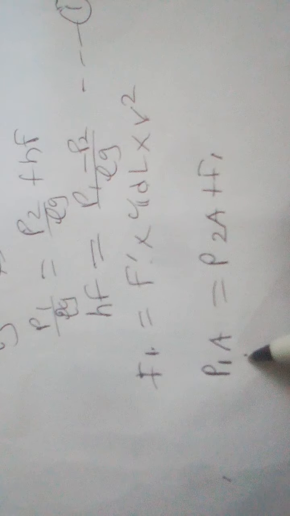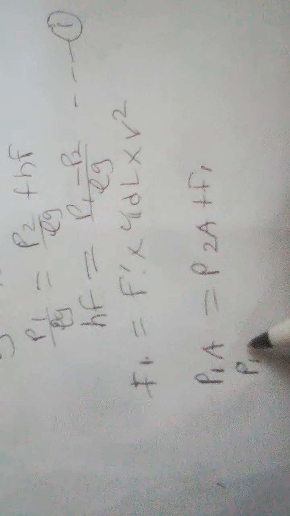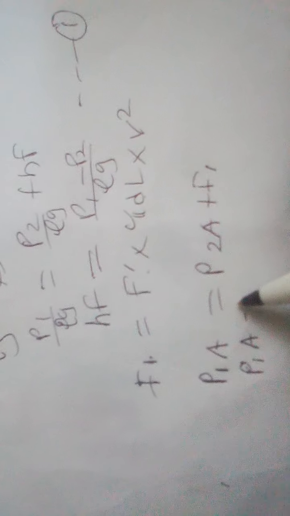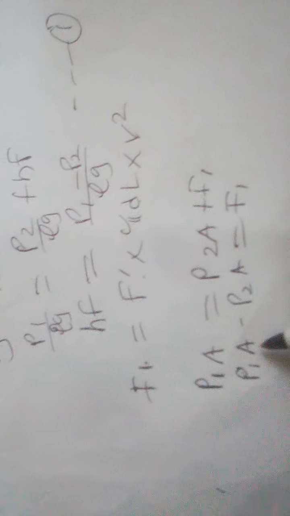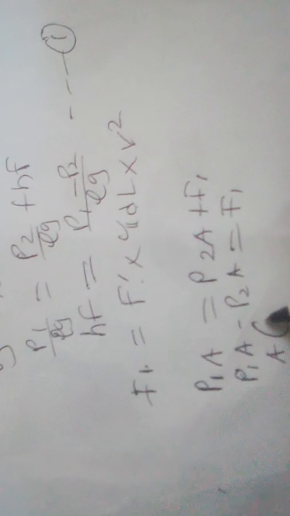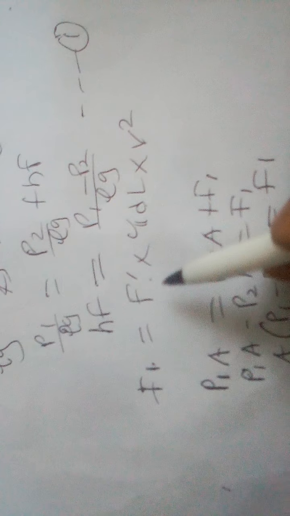Putting all this on the other side, P1A minus P2A equals friction resistance. Putting it outside the bracket, it will be P1 minus P2 times A. And you know friction resistance equals this one.